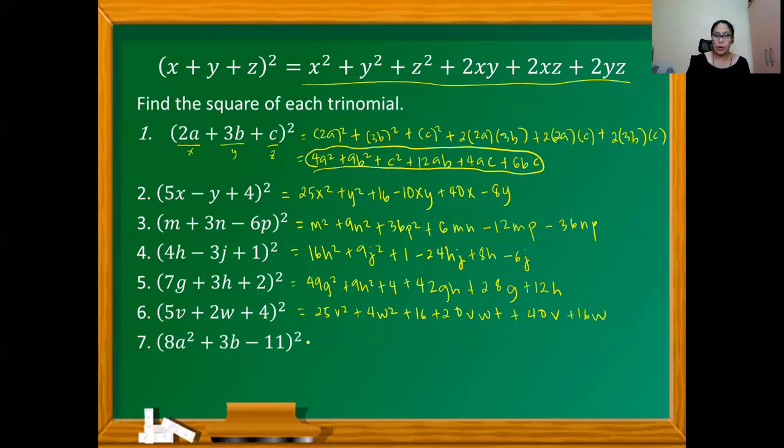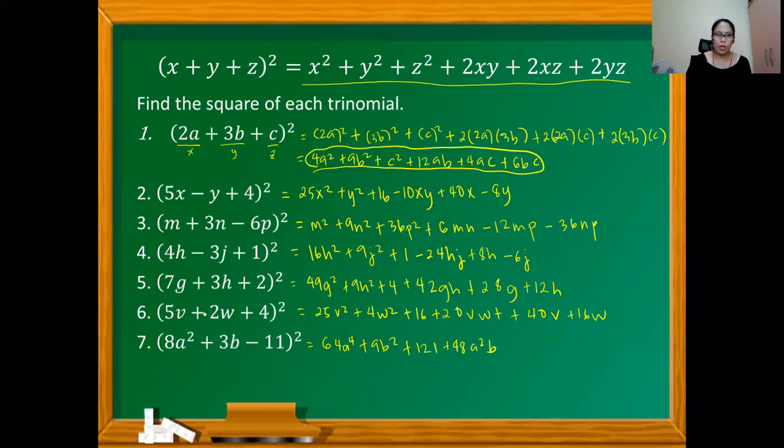And then for number 7, we square 8a squared. So this is 64a to the fourth. And then the square of 3b is 9b squared, while the square of negative 11 is 121. And then 2 times the first term times the second term. So that's 2 times 8, that's 16 times 3. So we have 48a squared b.